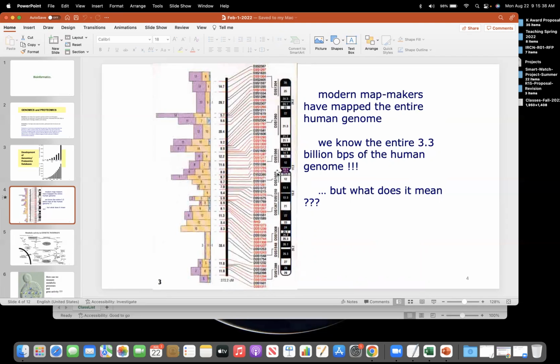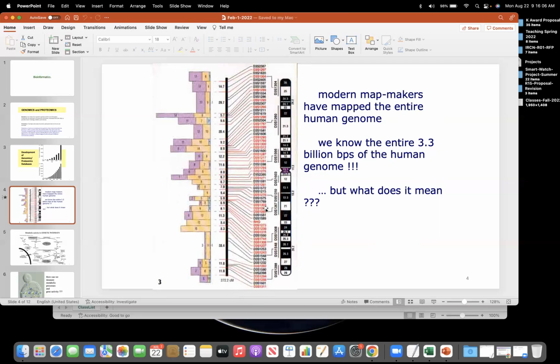So genes are packed into these chromosomes, and there are chromosomes with pairs, right? So if it's a Y chromosome, that is for males. If it's an X chromosome, it's for females. And on these chromosomes, you have these numbers here: red, black, red, black, red, black, red, black. So these are chromosome locations.